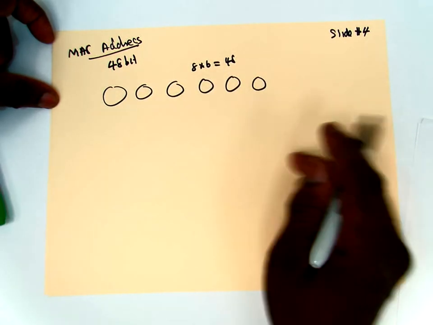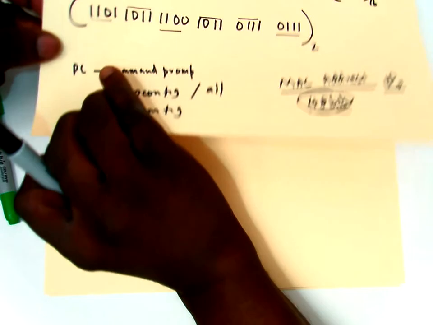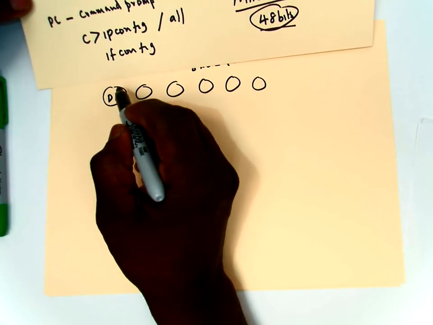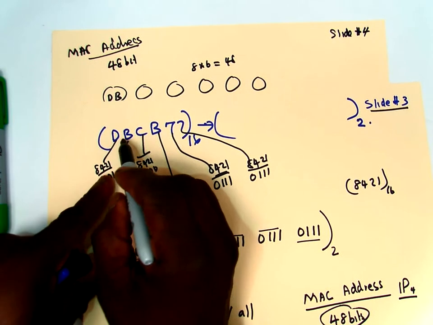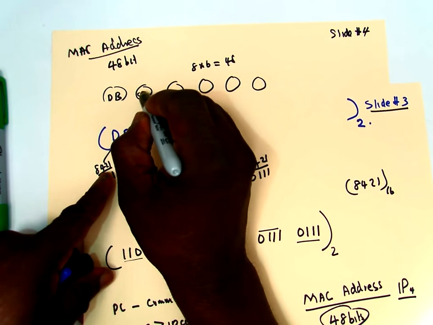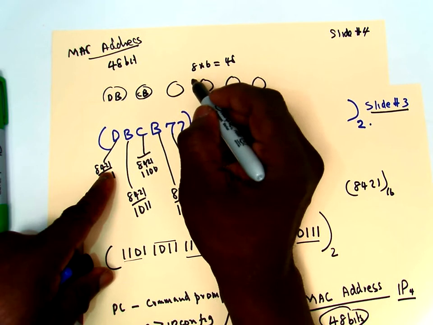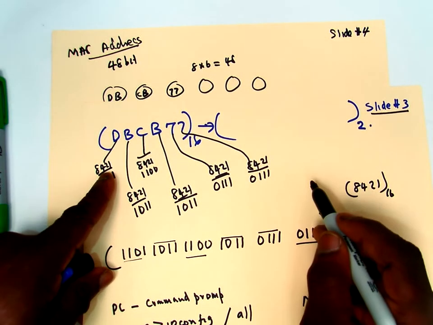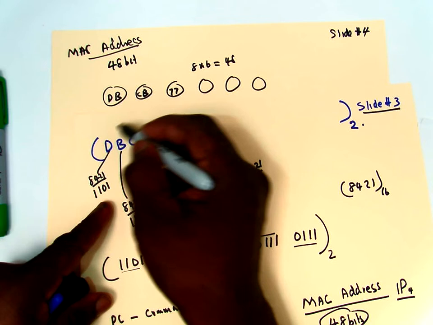And it's going to look like what we just did. It will look like DB, DB, CB, 77 plus more stuff. So you can break them down to 8 bits.